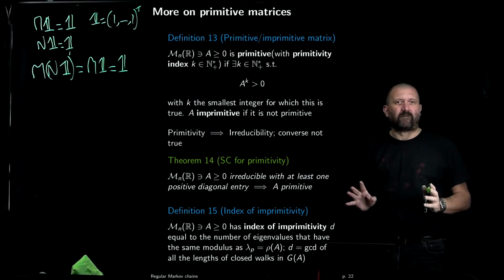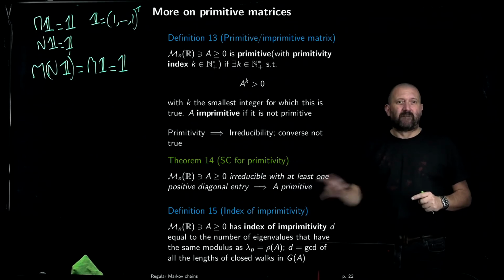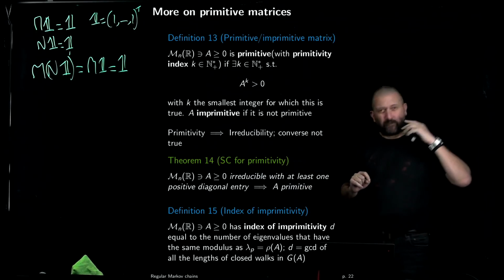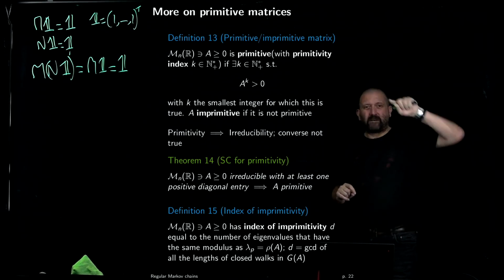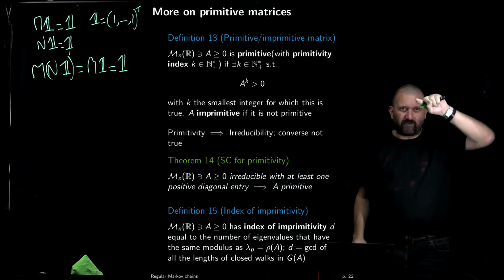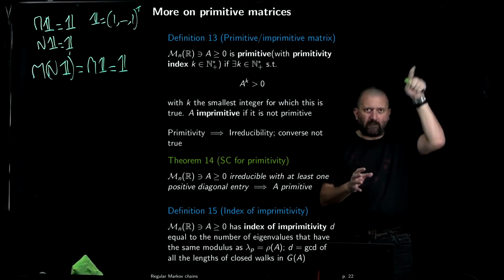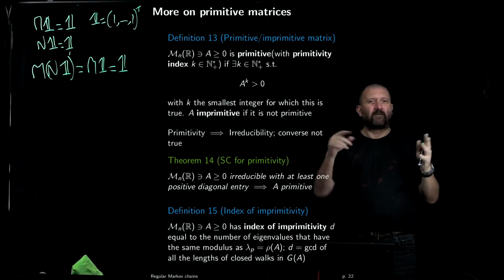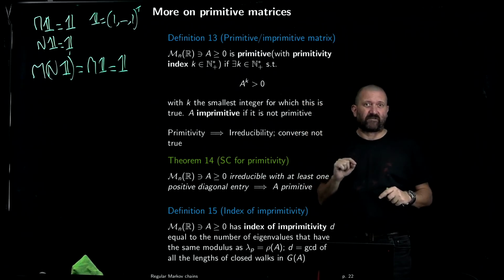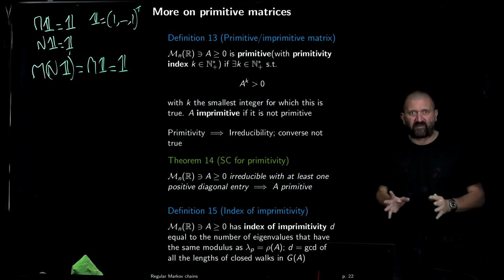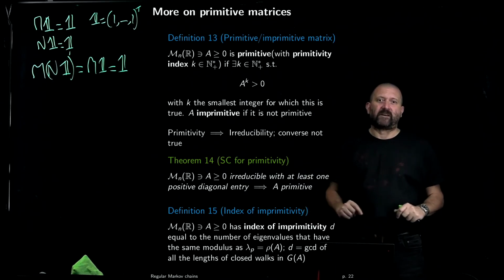So the matrix itself is irreducible. If there is one positive diagonal entry, then the matrix is primitive. And if you go back to what that means in terms of a digraph, having a positive diagonal entry means you have a loop. So you are allowing digraphs with loops. If you have a digraph that's strongly connected, and one of the vertices has a loop, then you know that the corresponding adjacency matrix is a primitive matrix.